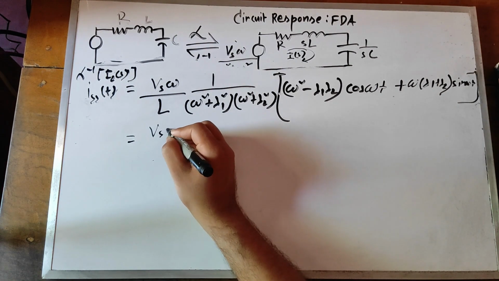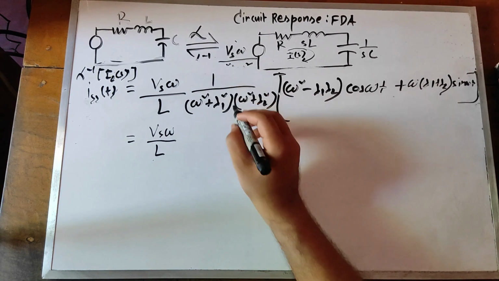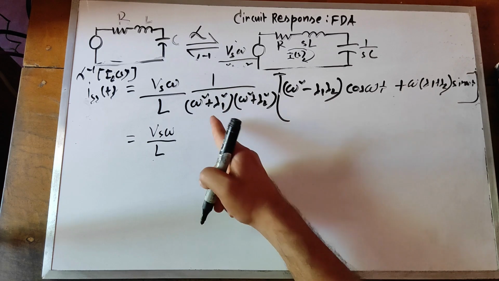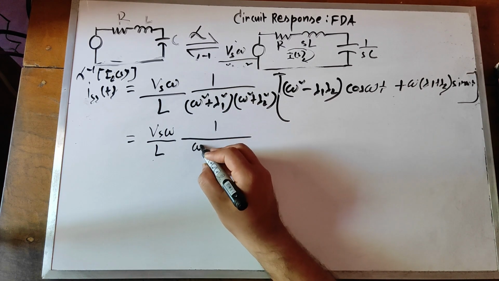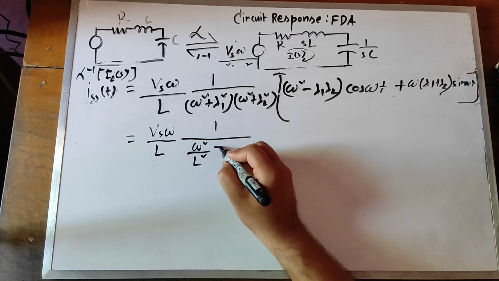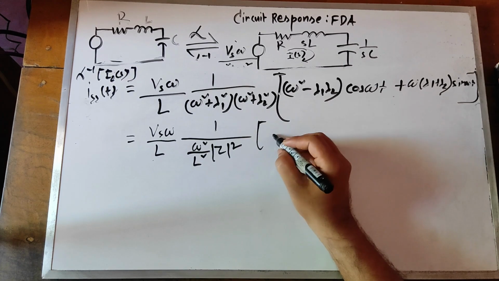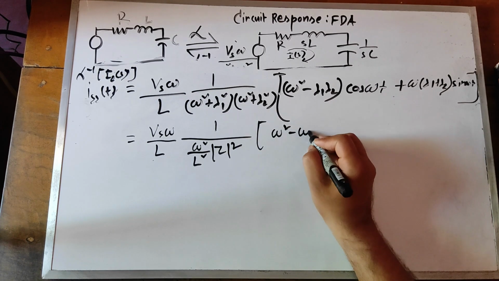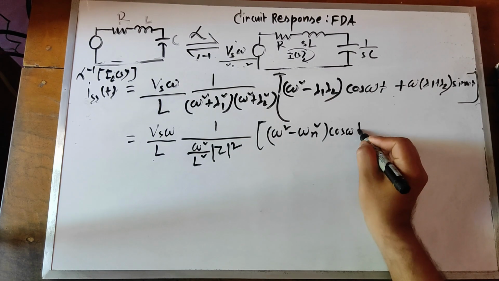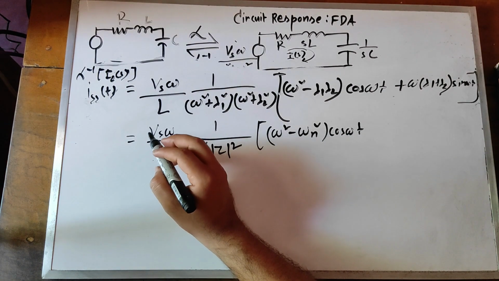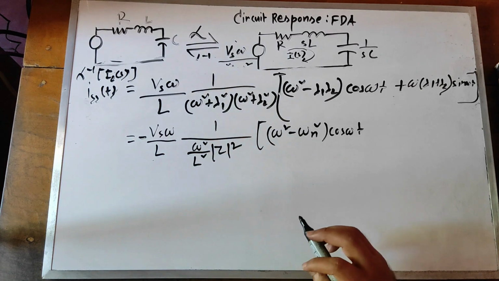So here Vs omega by L, and this term is 1 by omega square by L square magnitude, then this is omega square minus omega n square cos omega t. There is a minus, if I recall there was a minus.